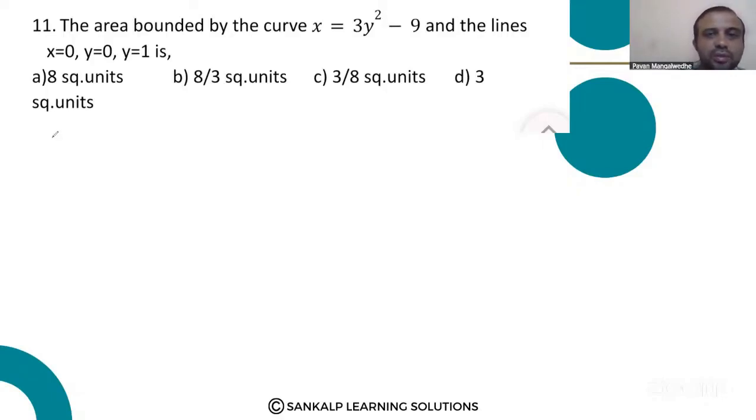So options are given. Okay, 5 to 10 seconds time for you. If you have the fast method of calculation, you can try. I'll give the hint, just try to calculate it by the definite integral.